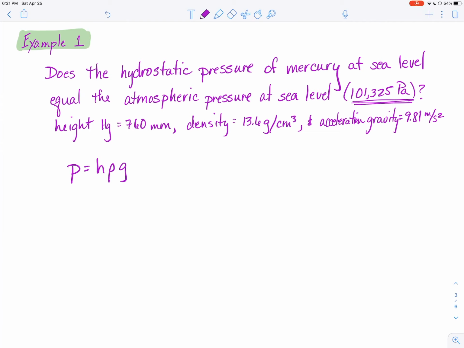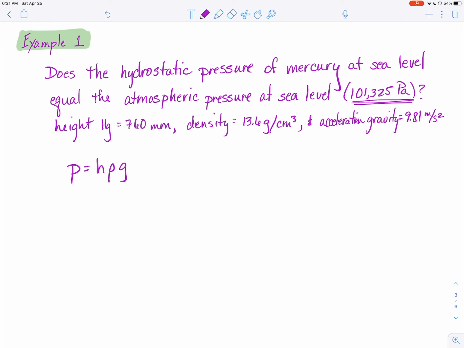So we're going to use the hydrostatic pressure equation to see if we can calculate that 101,325 pascals. We're going to use the height of mercury as 760 millimeters, density 13.6 grams per milliliter, or centimeters cubed, which is the same as milliliters, and the acceleration due to gravity.